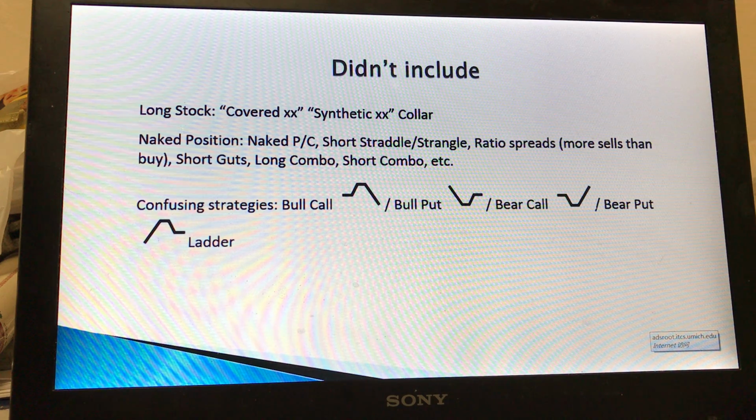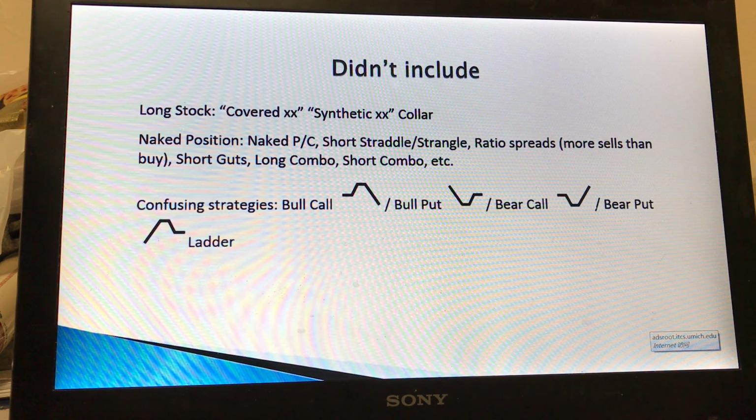And we didn't include option strategies that show a naked position, such as naked puts, naked calls, short straddles, short strangles, and ratio spreads that include more sells than buys.